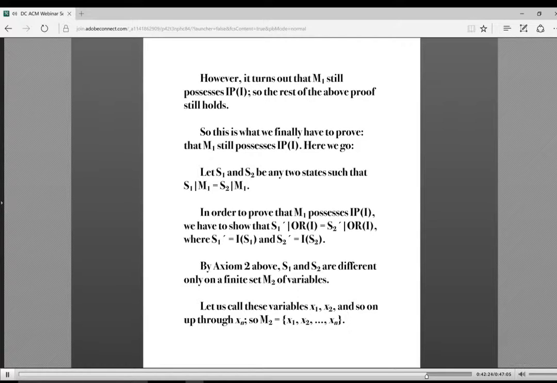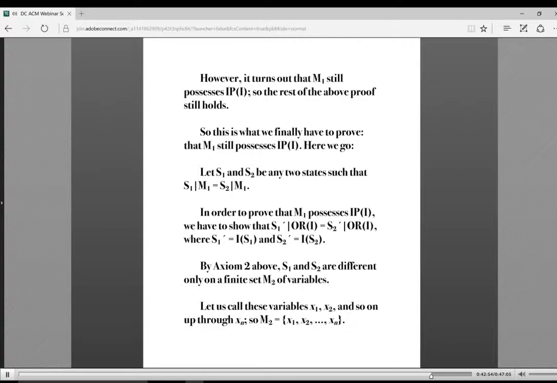Let S1 and S2 be any two states such that S1 and S2 are the same on M1. In order to prove that M1 possesses IP of I, we have to show that S1 prime restricted to OR of I equals S2 prime restricted to OR of I, where S1 prime and S2 prime are as we've always defined them.